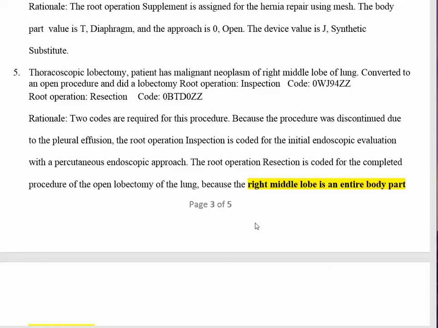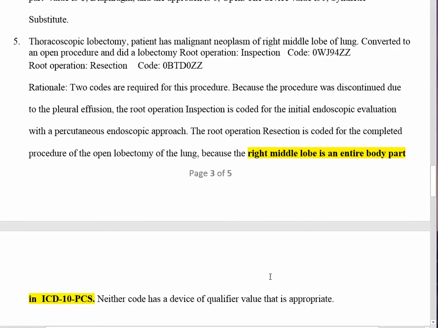Then it was converted to an open procedure. Again, we know the location. He removed the right middle lobe entirely. And in ICD-10-PCS, that part of an organ is considered separate. And because the entire right middle lobe was removed, it's the root operation of resection.